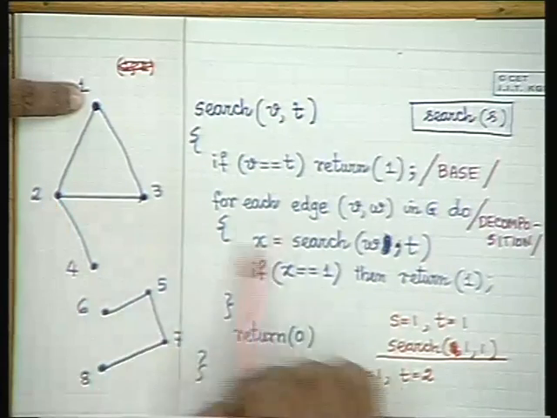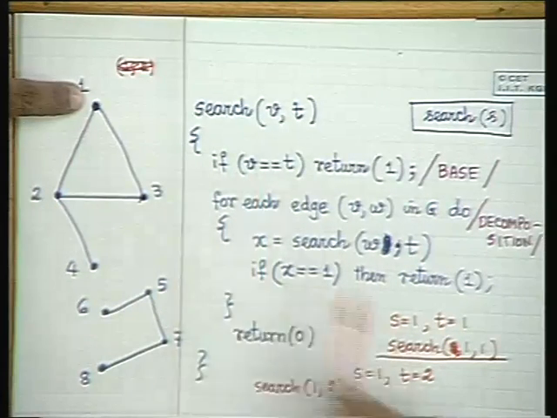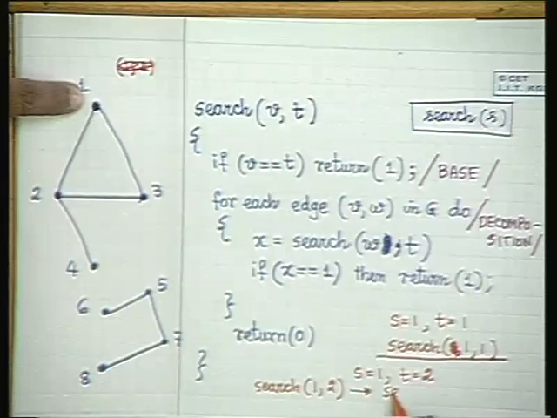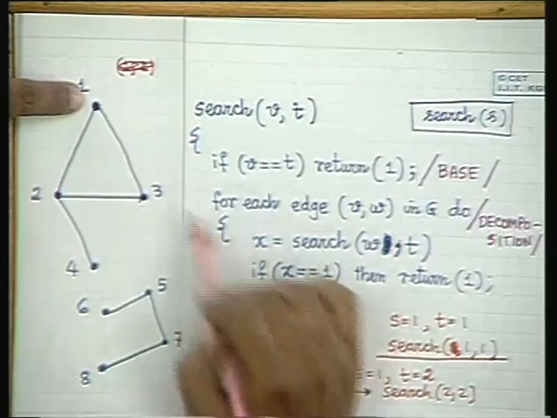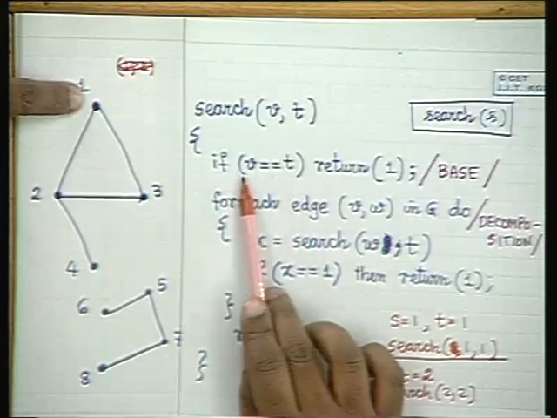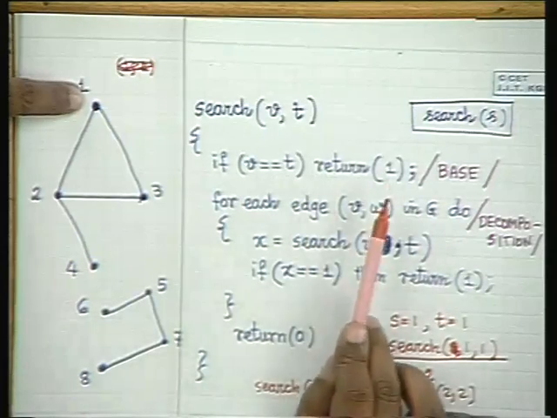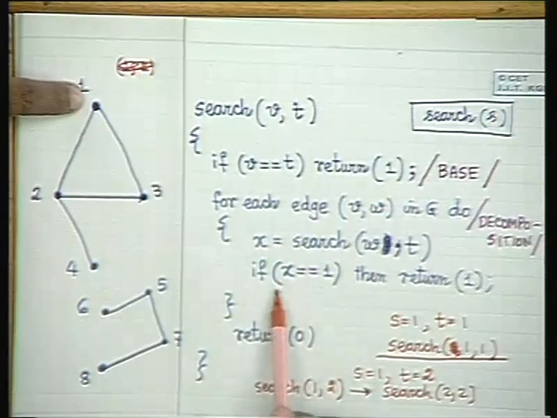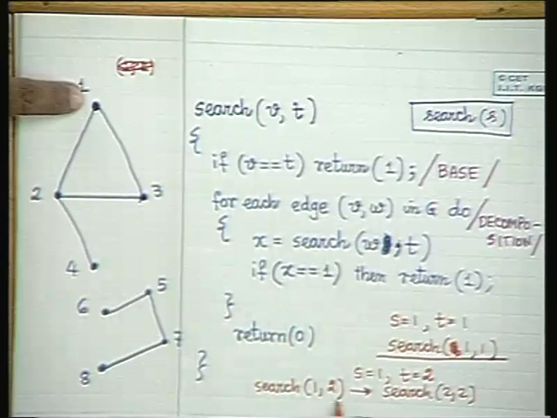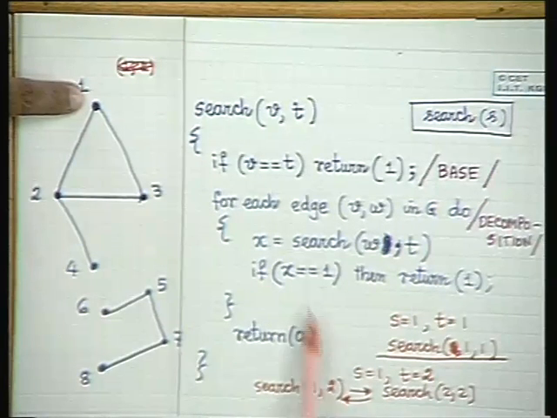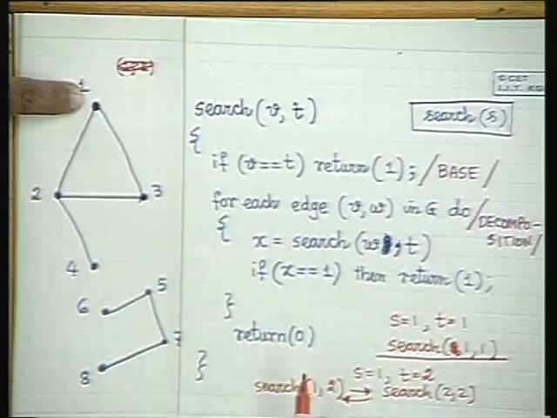Once you call it here, you will call search 2, 2. So that recursion will come in, it will see 2 equal to 2, it will return 1. So once it returns 1, it will return 1 back into search 1, 2, and the problem will be solved.